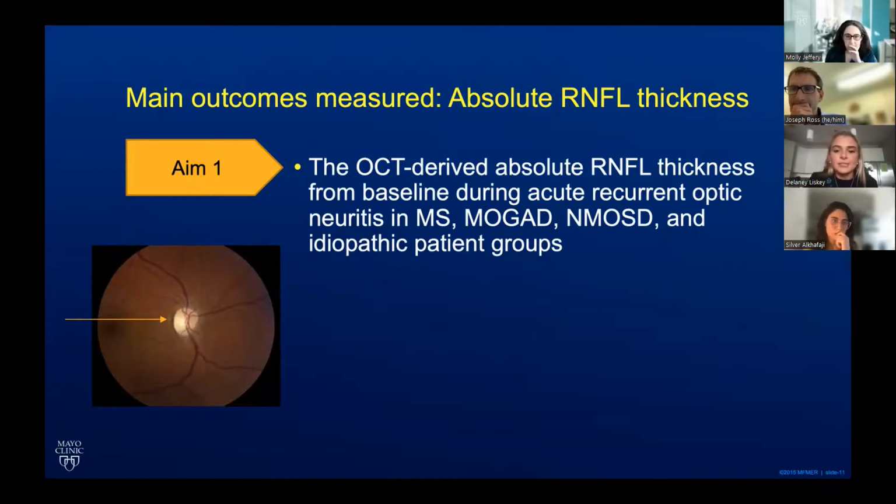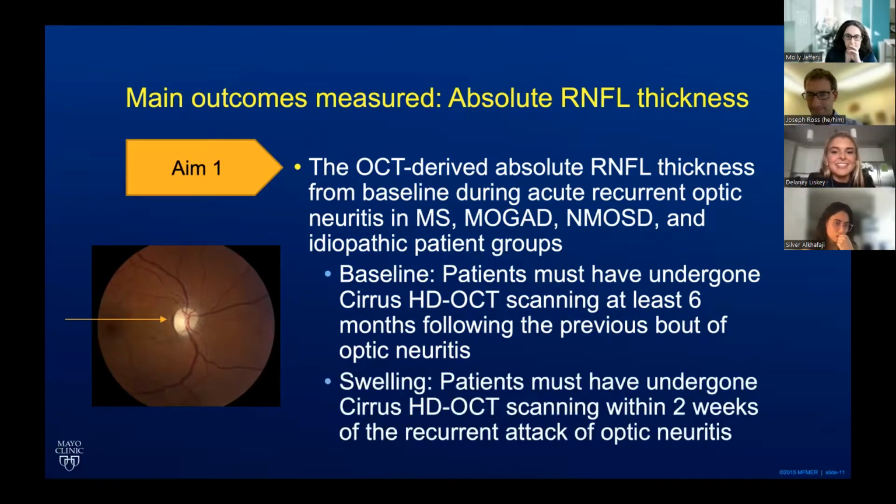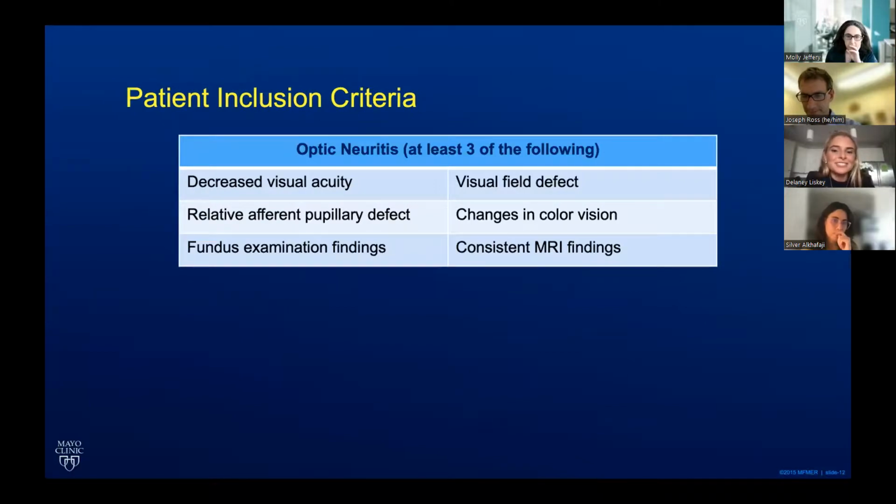To do this, patients have had to have undergone OCT imaging at least 6 months after the previous bout of optic neuritis, and this will be considered the patient's baseline. And secondly, the patient will have had to have undergone OCT imaging within 2 weeks of the active attack in the same eye. This study is a multi-centered retrospective case series of patients with a clinical diagnosis of MS, MOGAD, NMOSD, and idiopathic recurrent optic neuritis.